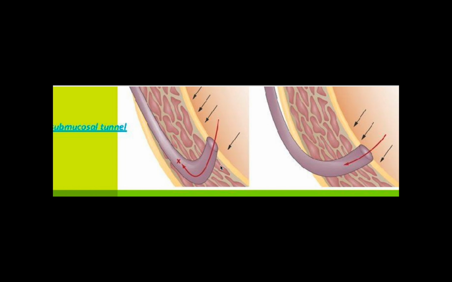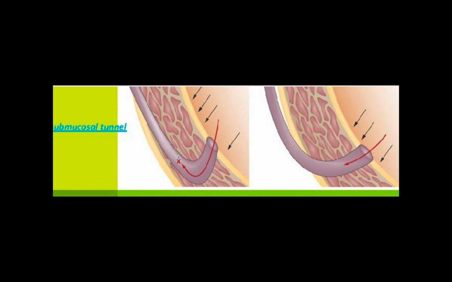As a result, the urine will not move backward from the bladder into the ureter, so it forms a flap valve that prevents the backflow of urine in the ureter. Remember that this is the importance of the oblique passageway of the ureter through the muscular wall of the urinary bladder.